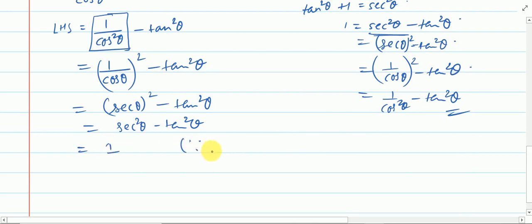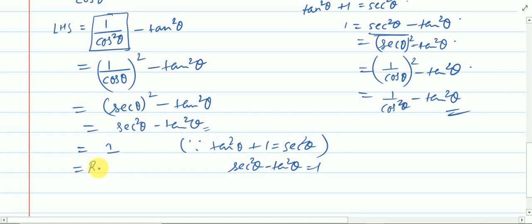Because I have one identity, tan square theta plus 1 is equal to sec square theta. So from this identity, sec square theta minus tan square theta is equal to 1. Using this identity I have been able to write this equal to 1, which is equal to RHS. Proved.